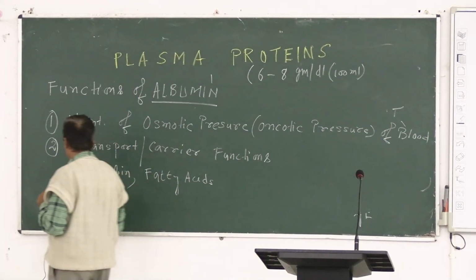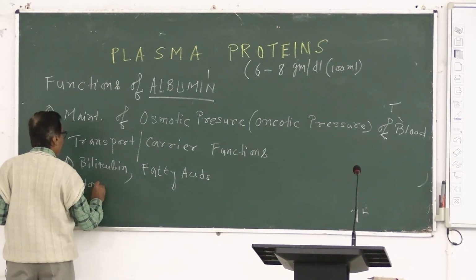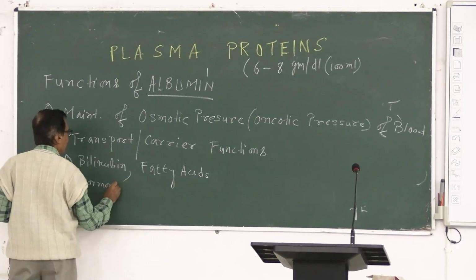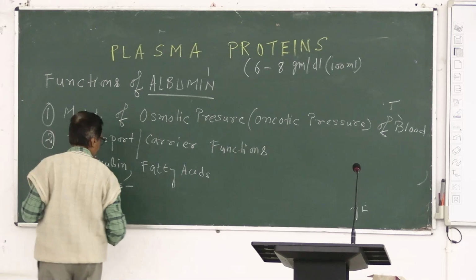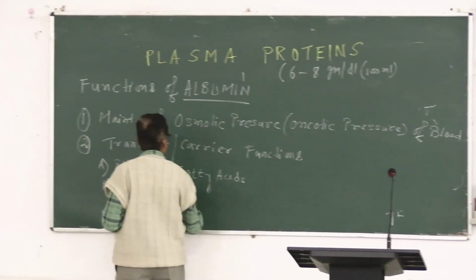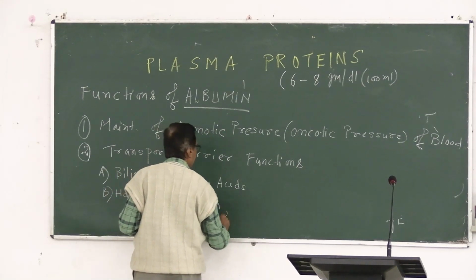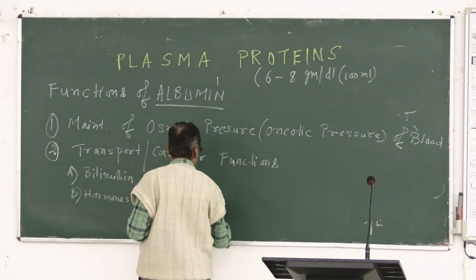Next, some hormones. What are the hormones carried by albumin? Thyroid hormone, thyroxine, and certain steroid hormones, not all.